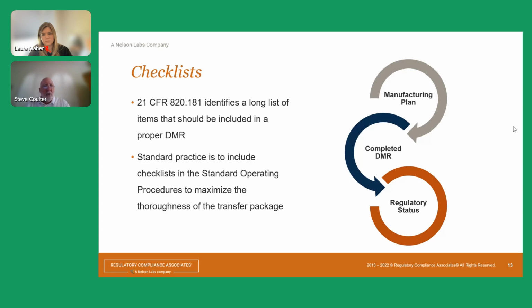It's good standard practice to include these checklists in your SOPs. That way, when somebody new comes into your manufacturing process, if you have a change in management or something, or you go to a new plant, then you have the same process going on.